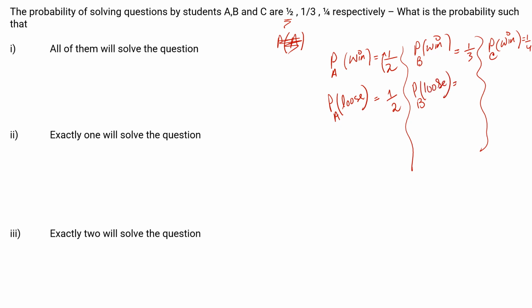Out of the 3 questions, if he is able to solve 1, how many is he not able to solve? Of course 2 questions. Similarly, what is the probability of not solving the question by the third student? If one question out of 4 can be solved, then of course 3 questions out of 4 cannot be solved.